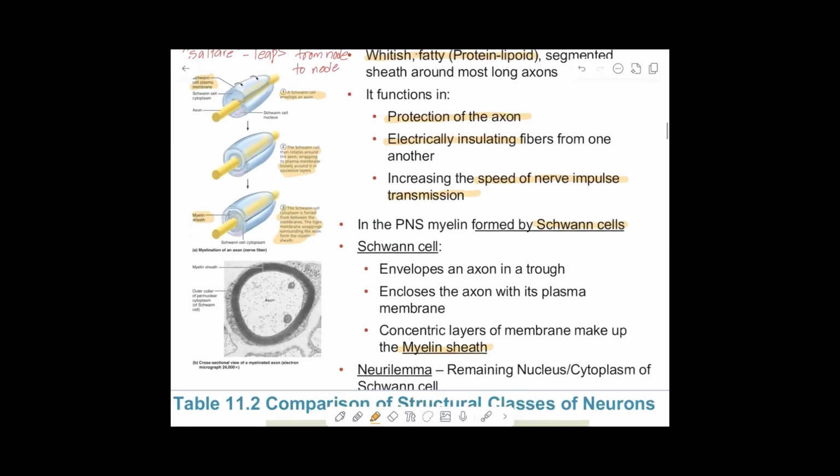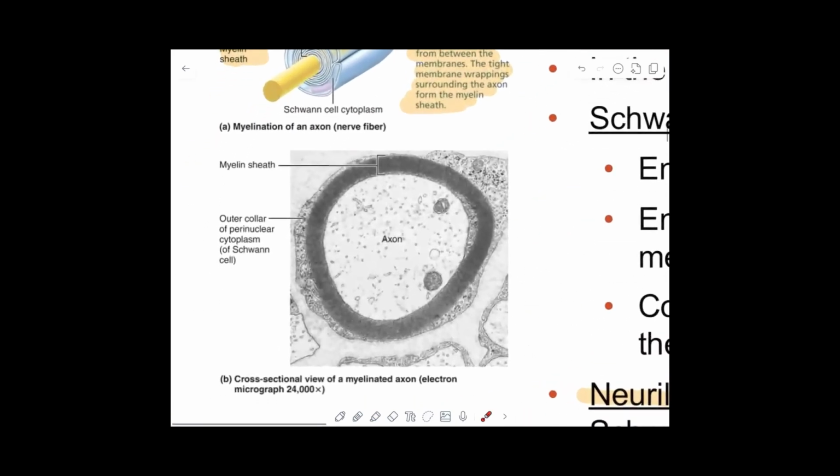And then the outer membrane of the Schwann cell is called the neurolemma. Here we're looking at the length of the axon. Here we're looking at a cross-section of the axon, and we see the myelin sheath surrounding it.